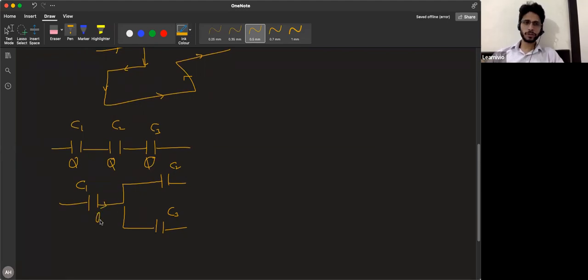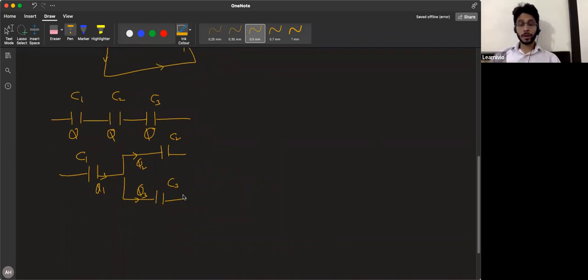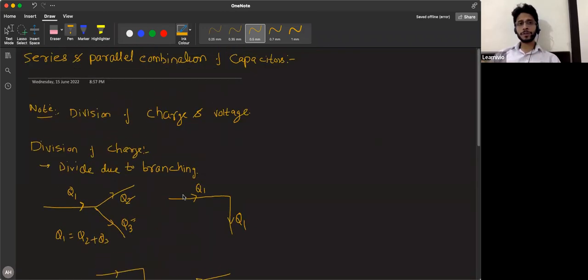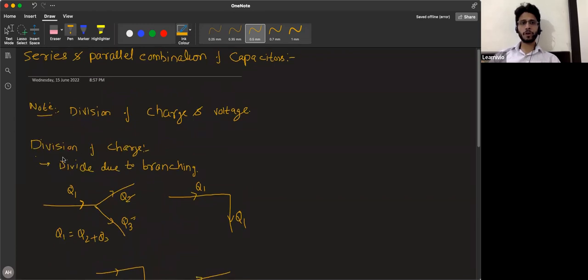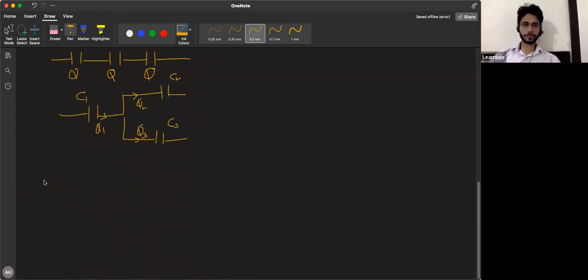So charge Q1 is coming here, it will divide. This will be Q2 and this will be Q3. What will be the relation between Q1, Q2 and Q3, Minashi? Q1 equal to Q2 plus Q3. Good. So that is the division of charge. After division of charge, the next is division of voltage.